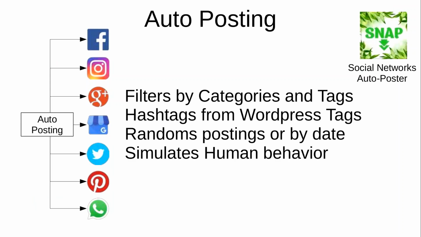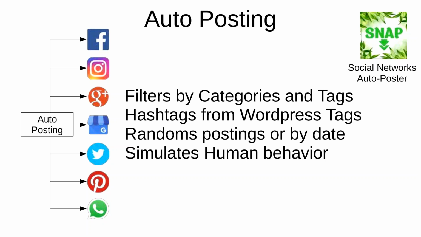And last but not least, we have the auto posting plugin that will auto post. That thing can auto post on more than 20 different social media. It's called Social Network Auto Poster, or SNAP. In fact, I can filter my posts by categories and tags. I can transform my WordPress tags into hashtags.